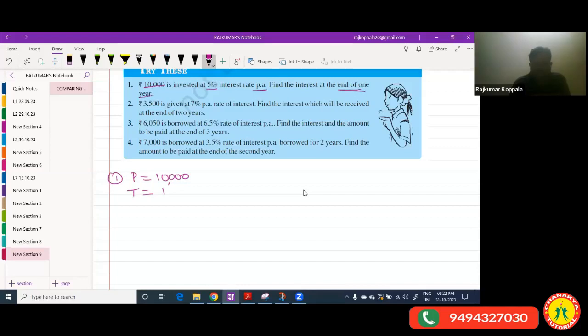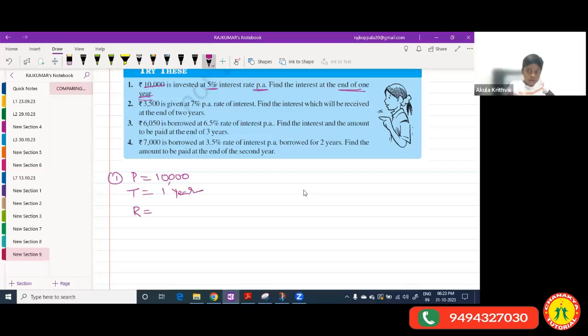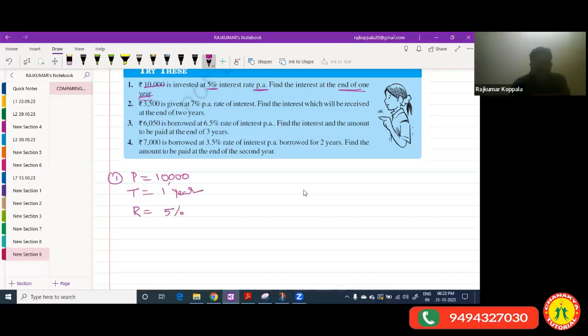At the end of the year, this you have to see. The rate of interest is always per annum. And what is the rate of interest? 5%. Yes, 5%. What do we have to find? We have to find the interest, which means simple interest.